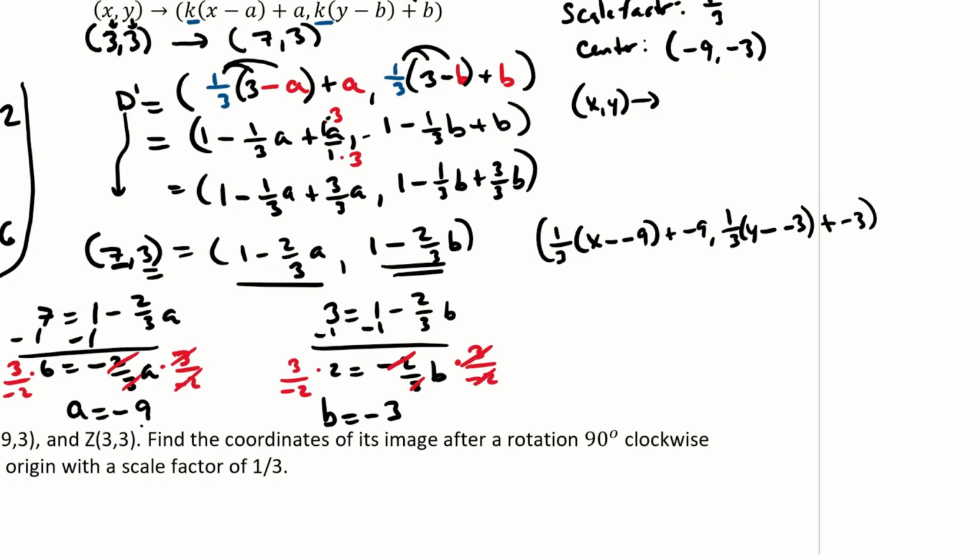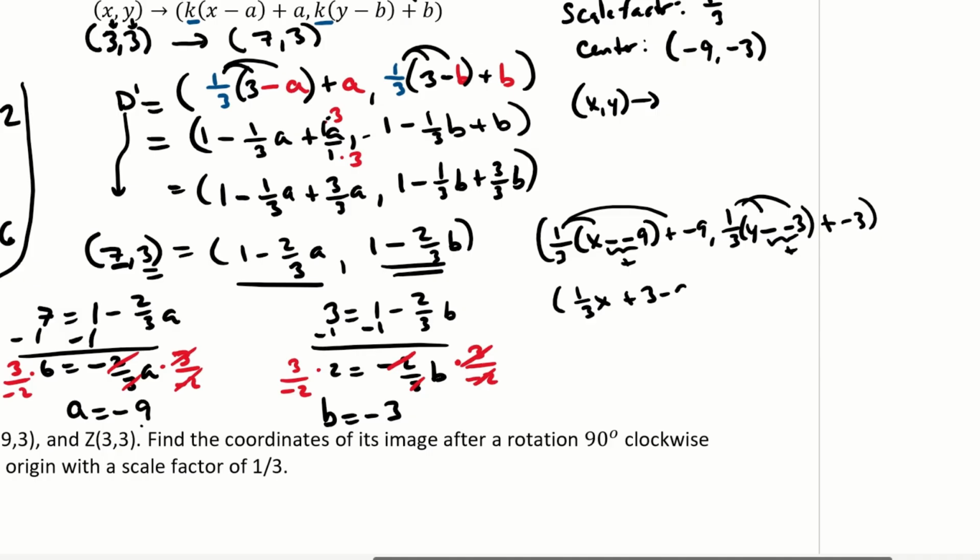All right. And then distribute and all that good stuff. This turns into a plus, right? Distribute. And we get 1/3 x. Now, what's 9 times 1/3? 9 times 1/3 is 3. And then 3 minus 9 is negative 6. Let me just show my work here. Sorry. And then we get 1/3 y, and 3 times 1/3 is 1.